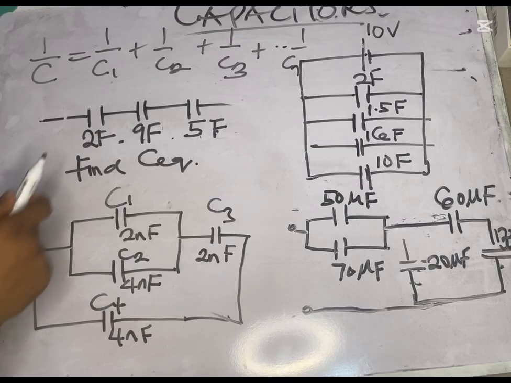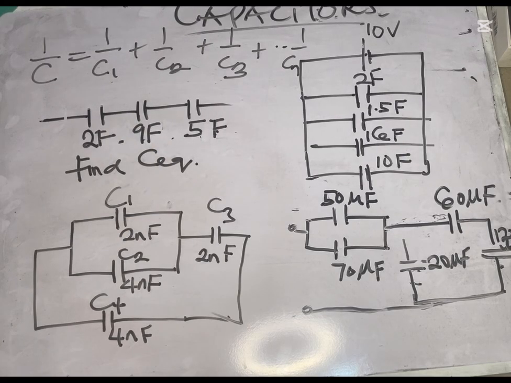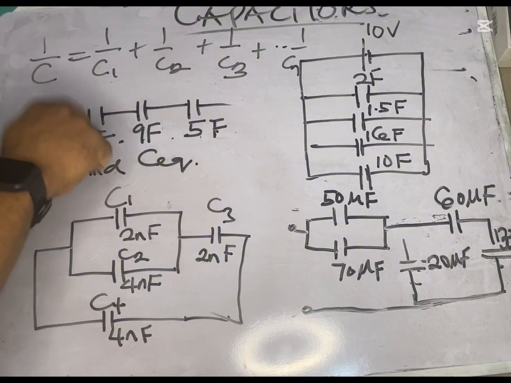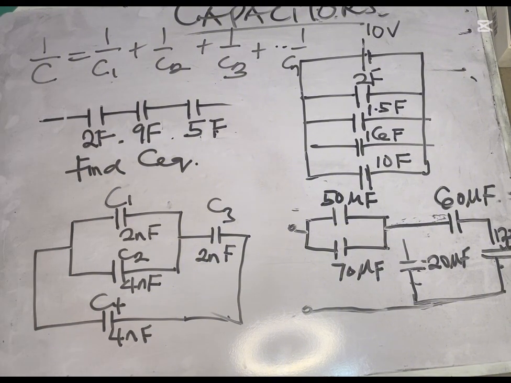Remember that for resistors, when you're calculating total resistance, 1 over is for parallel, but in capacitors, 1 over is series. If you're adding it straight, it is parallel for capacitance, and series for resistance. It's just opposite.